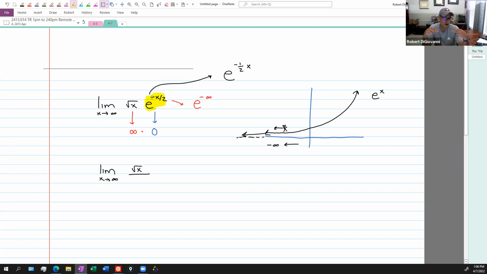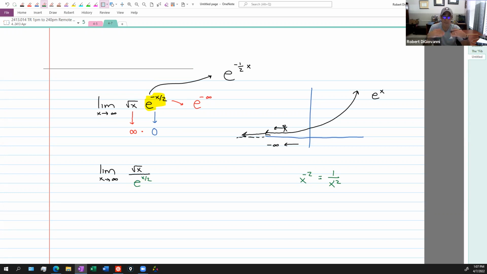The way I'm going to drop this is I'm going to use the fact that if I have something raised to a negative power, I can rewrite it on the bottom to a positive power. As an example, if I had x to the -2, that's the same as 1 over x squared. So I can rewrite that e to the negative x over 2 as e to the positive x over 2. See, that's me dropping it down. Questions on that?